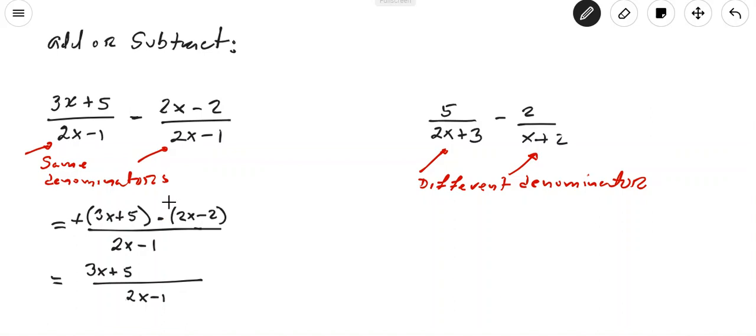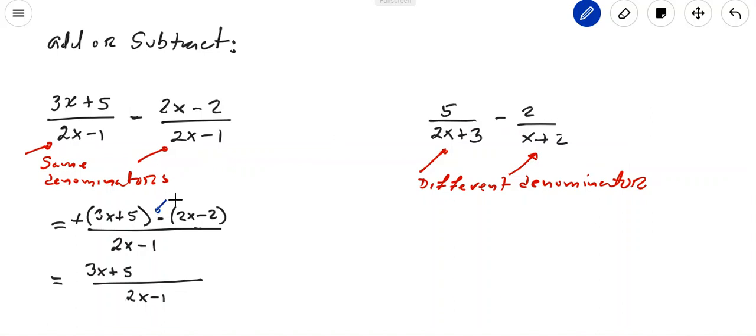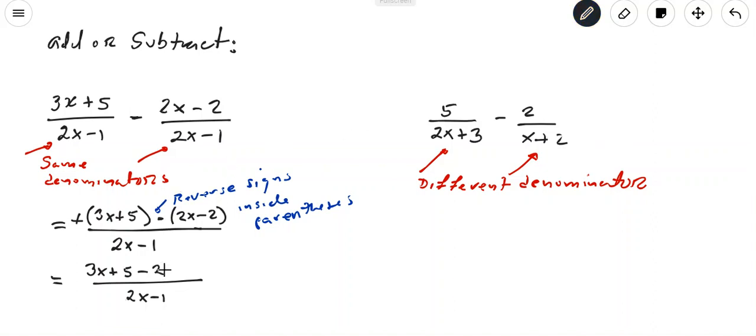And then, as we have this negative sign in front of the second parenthesis, that makes me reverse the signs inside the parentheses. That's why the 2x, which is positive inside the parentheses, becomes minus 2x, and the negative 2 becomes positive 2.